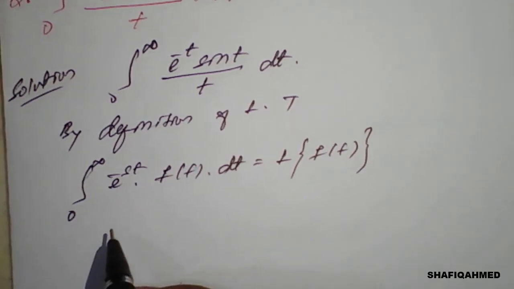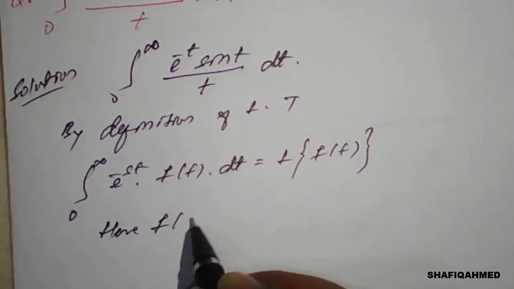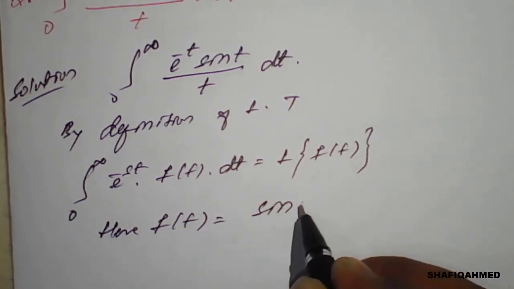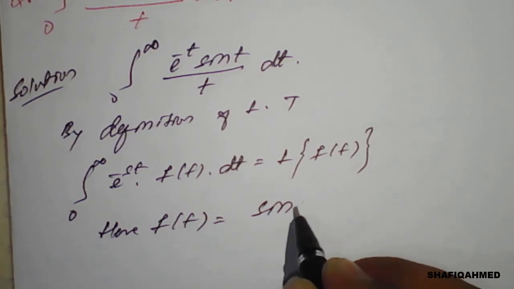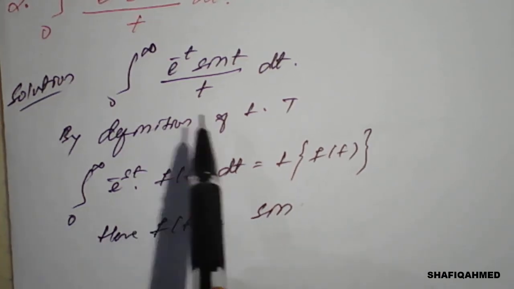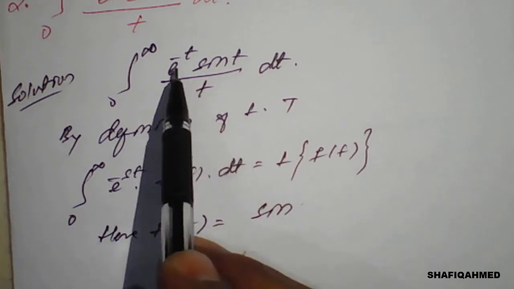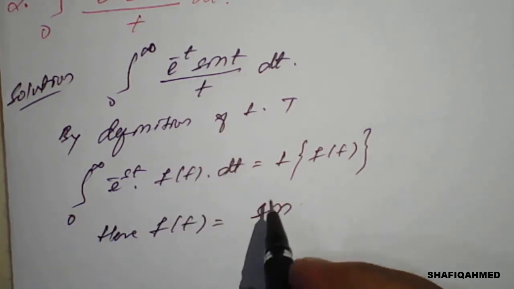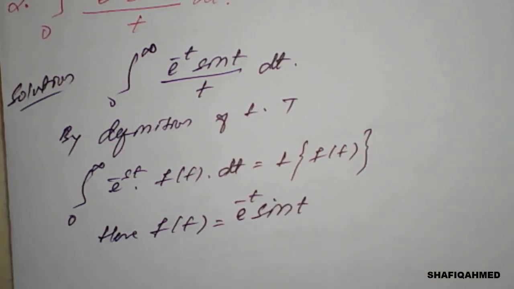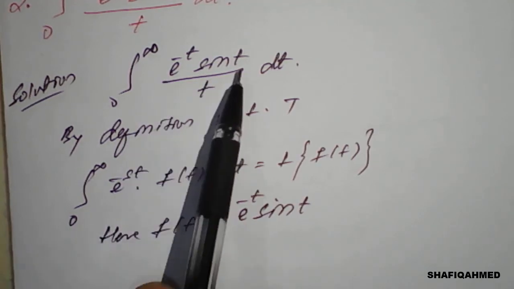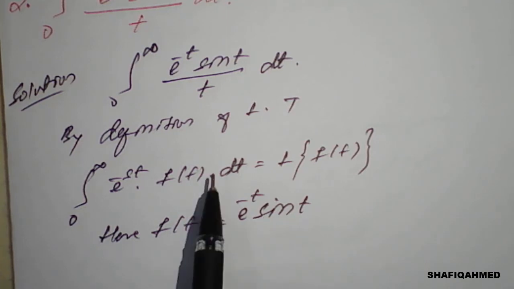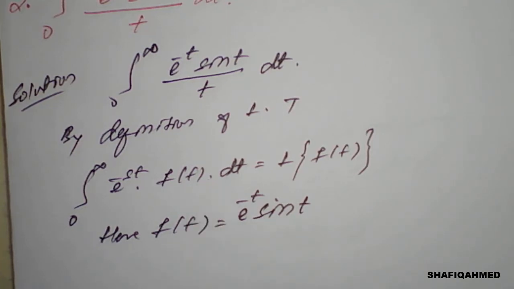So from the given question, f of t is nothing but sine of t upon t, and e raised to minus t into sine t upon t is the given function. So we'll use this and we'll simplify now.